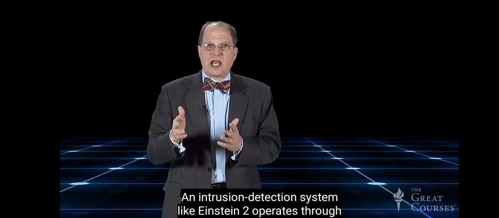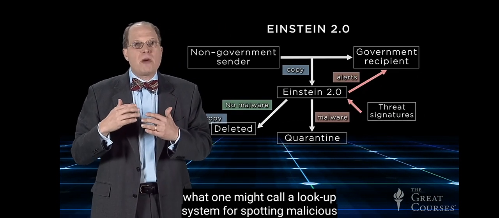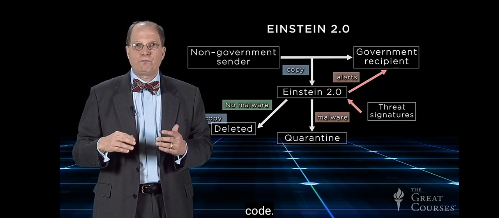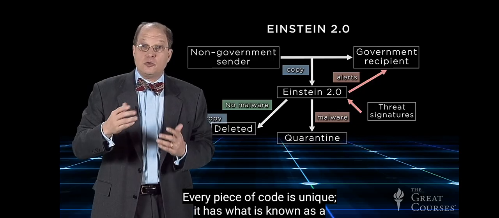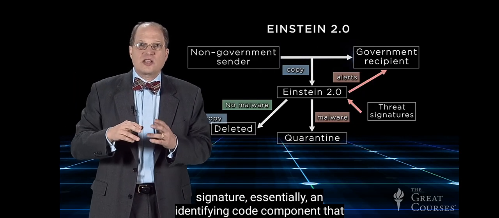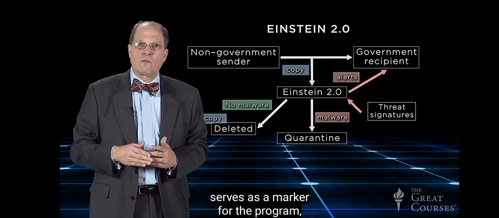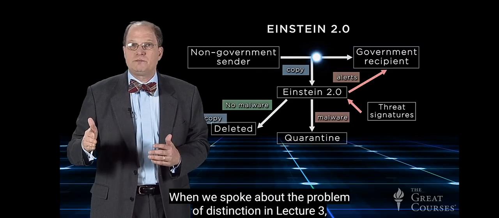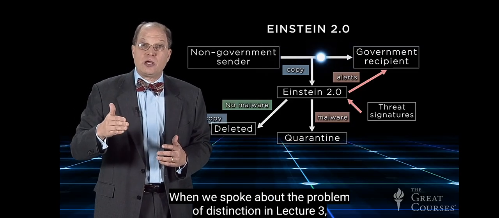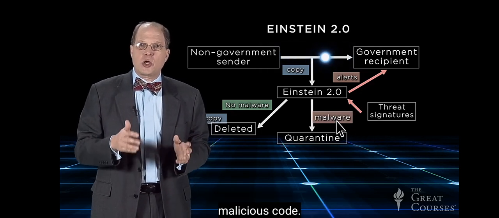An intrusion detection system, like Einstein 2.0, operates through what one might call a lookup system for spotting malicious code. Every piece of code is unique. It has what is known as a signature, essentially an identifying code component that serves as a marker for the program, like its DNA. Now, when we spoke about the problem of distinction in Lecture 3, we were talking about the difficulty of identifying malicious code.